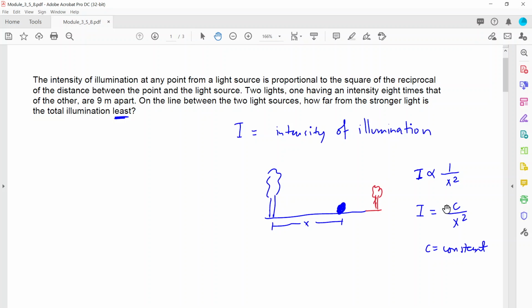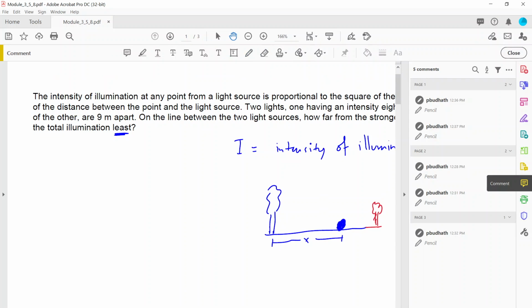If c is the coefficient of intensity for both of the light sources, then when we calculate the intensity of illumination from this light, it will be c over the square of the distance of this light from this point. In the problem, these two light sources are 9 meters apart from each other.